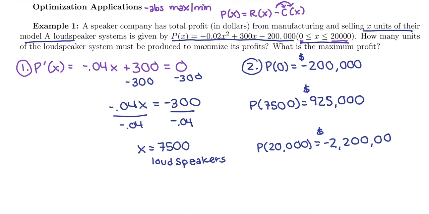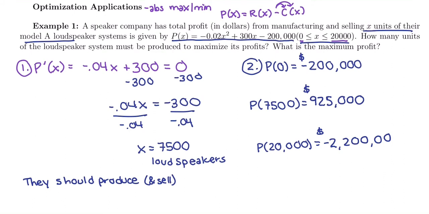Well, our final suggestion would be that they should produce and sell. You have to sell to have profit, so they can't just produce it. They have to put the effort in with their sales.